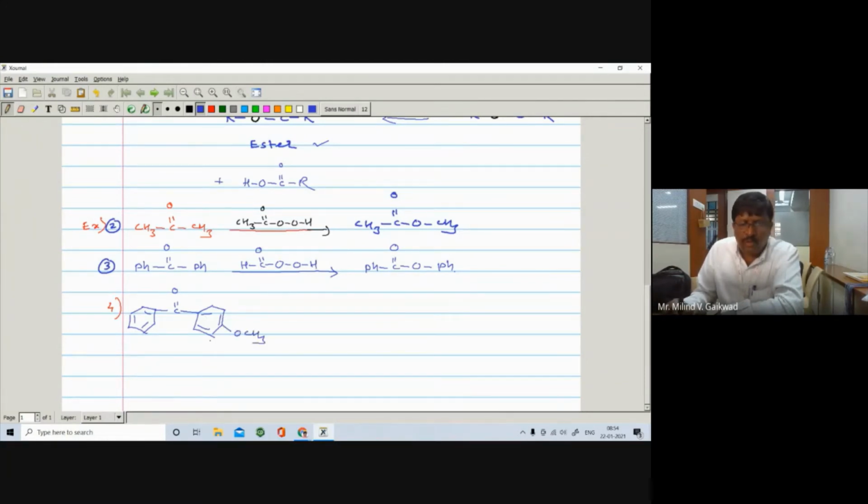As there is a methoxy group, it is an electron donating group. It exhibits a plus R effect. So when the reaction takes place, in this case, wait just for 1 minute.